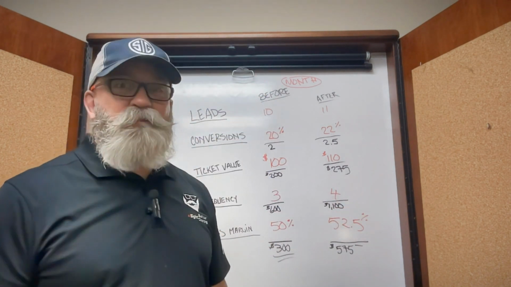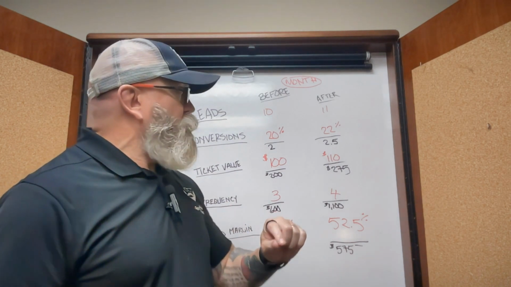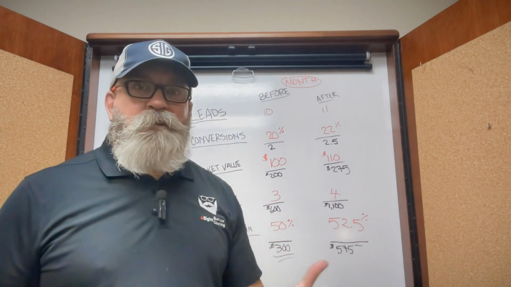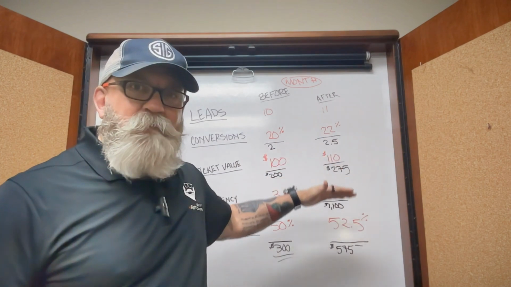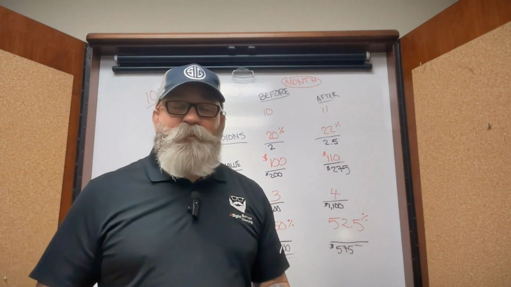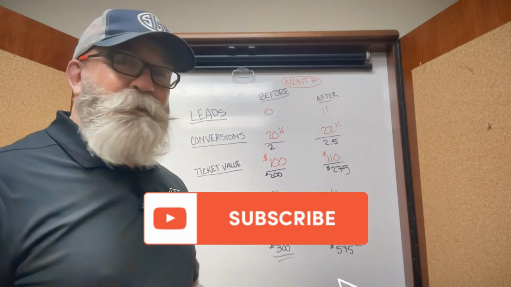Mathematically, your business responds. Now, on the flip side of it, if your business is getting bad at converting, you'll be able to see mathematically where the issue is. I have terrible handwriting. I hope you can read that. Simple explanation.